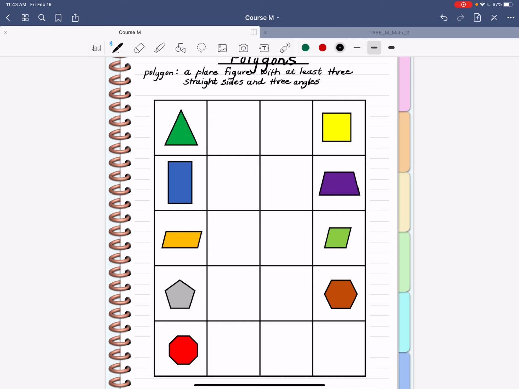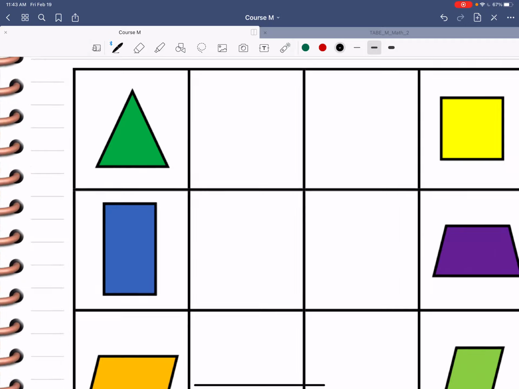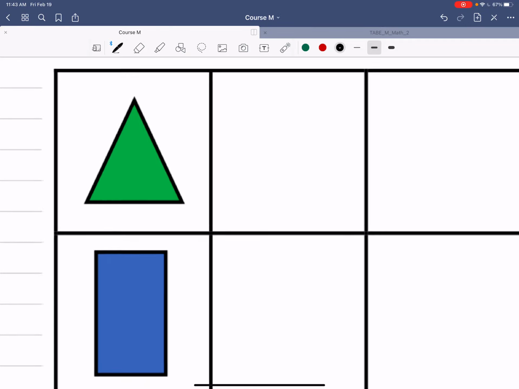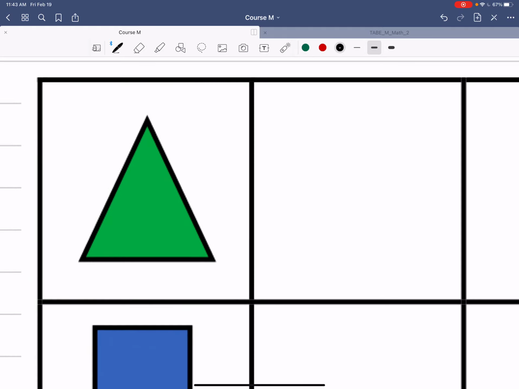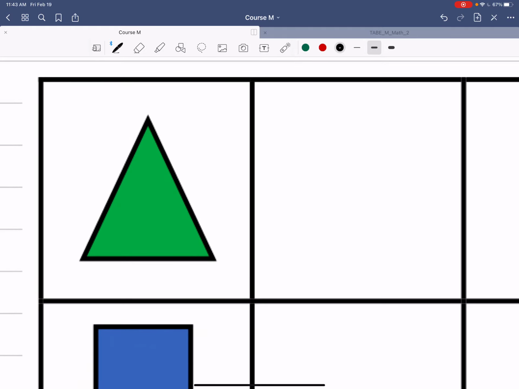So I'm not going to go over that in this video. I want you to open the triangle door. So we're looking here at this triangle. Your triangle is open to the left, the door is open, and here are the facts about a triangle that you need to know.